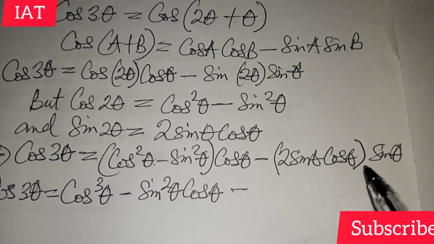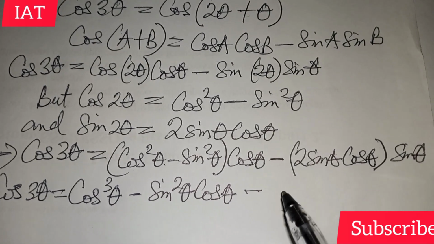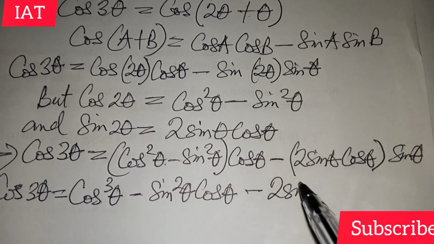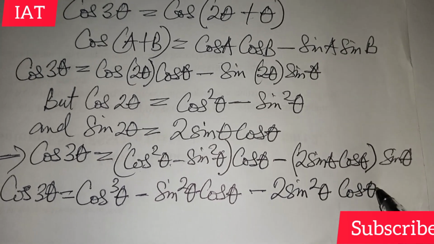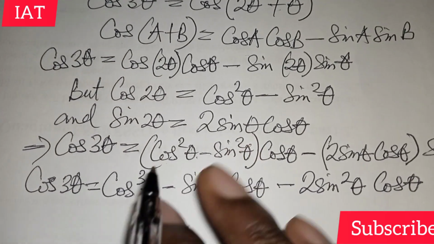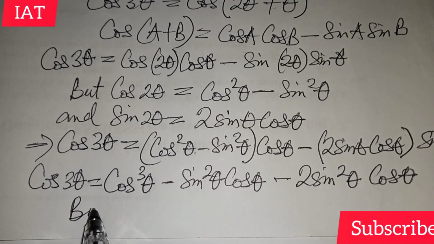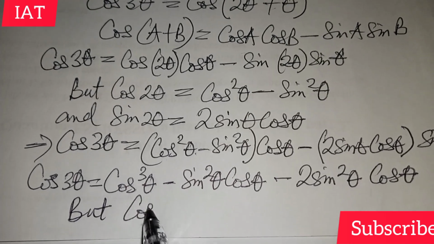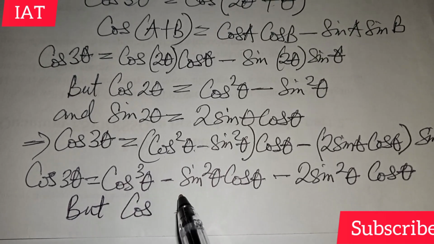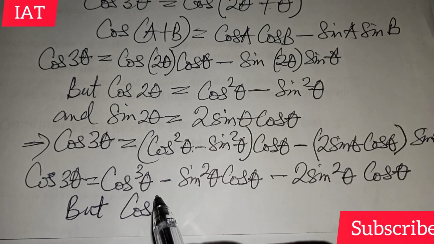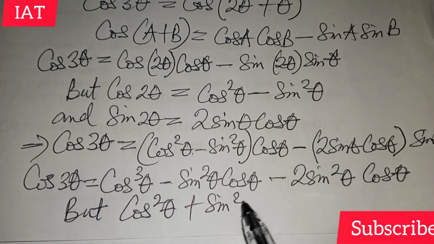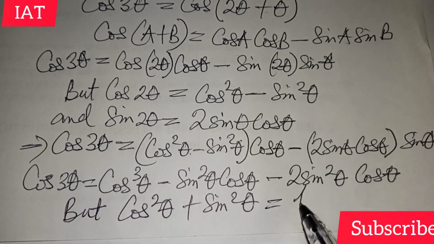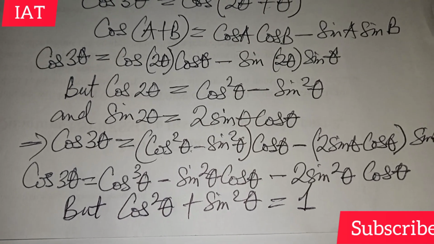Minus, if you distribute, we have 2 sine square theta cos theta. But you need to remember that cos square theta plus sine square theta is equal to 1, right?